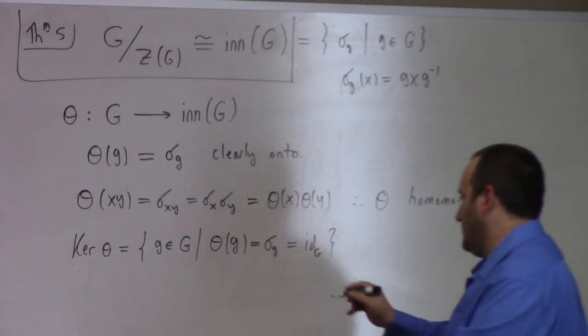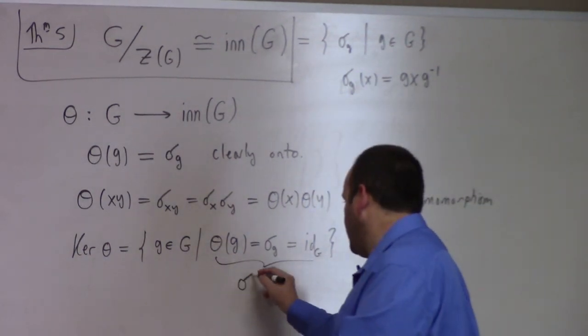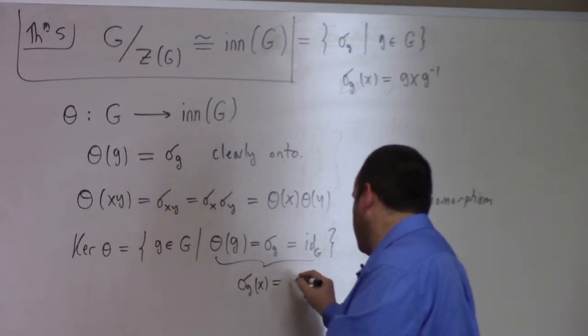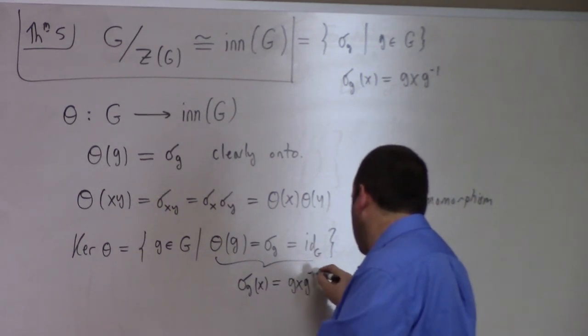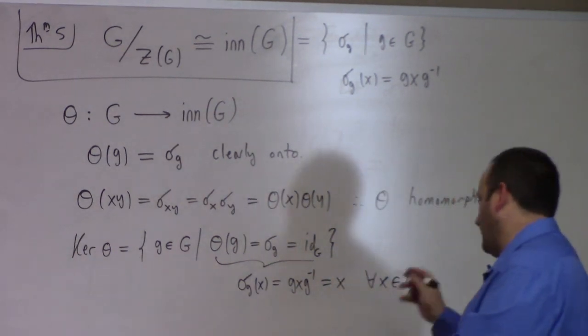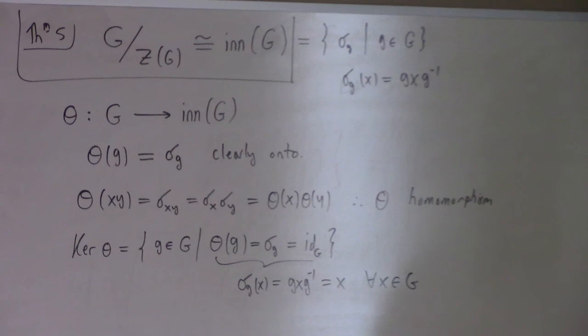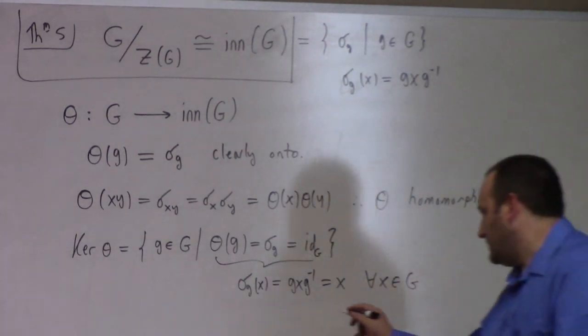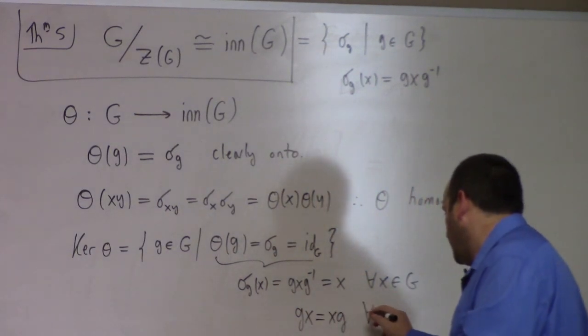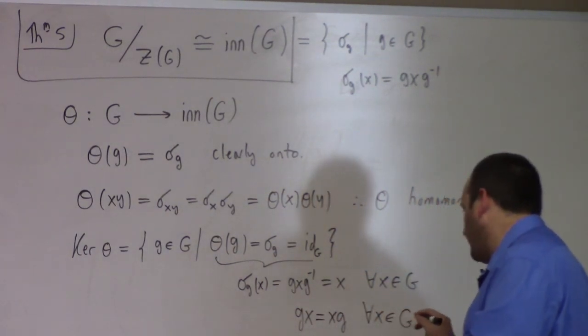This would mean that sigma g of x, which is equal to g x g inverse, is just equal to x again for all x in G. But that is entirely equivalent to the condition that gx equals xg for all x in G, right?